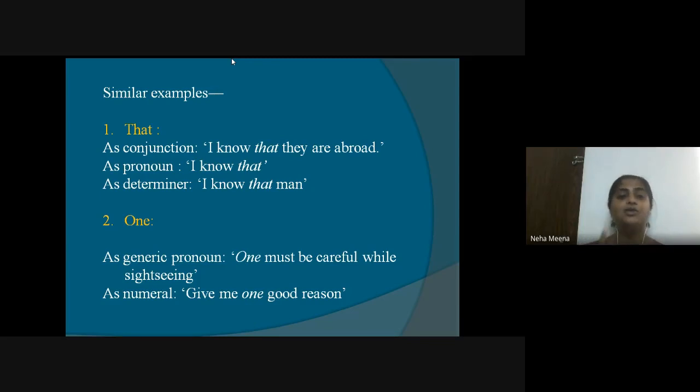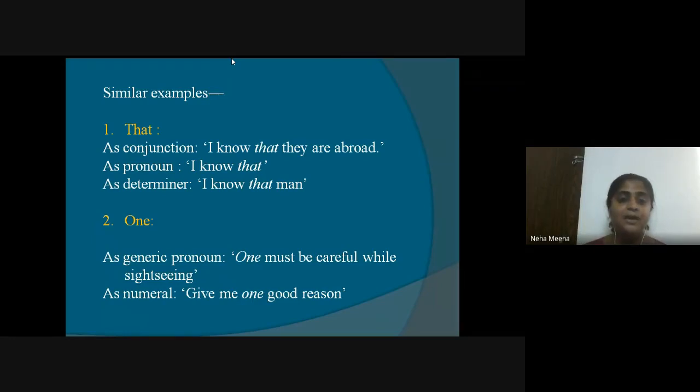Here one good reason is a single entity, one single reason a person is asking for. But in the example above, we are generalizing the particular advice we are giving, and therefore one is playing the function of a generic pronoun.